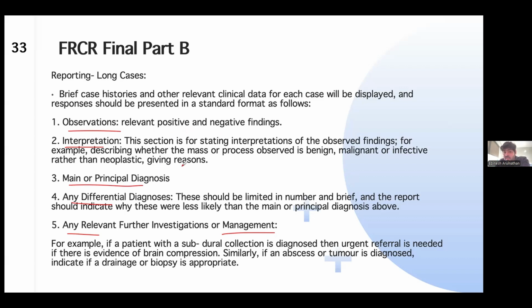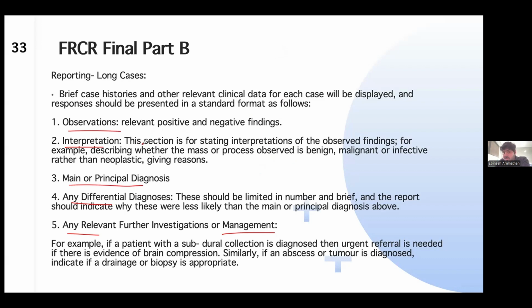And MRI shows extensive soft tissue involvement of the neurovascular bundle, and multiple other lesions or satellite lesions are seen in the tibia. So these are the observations.